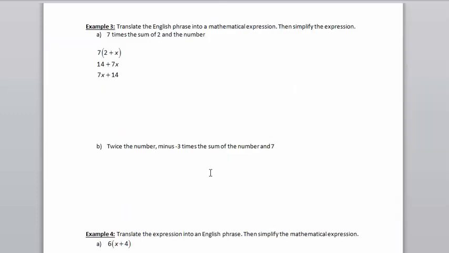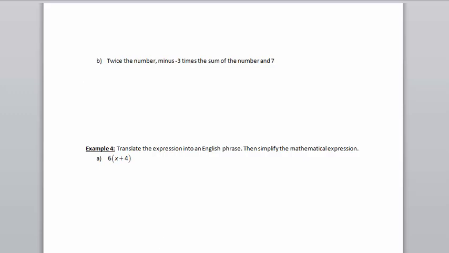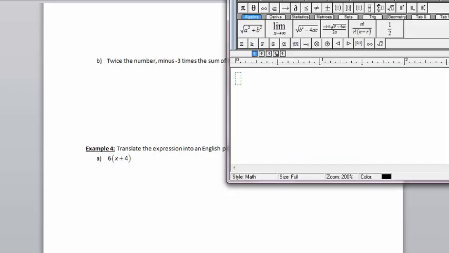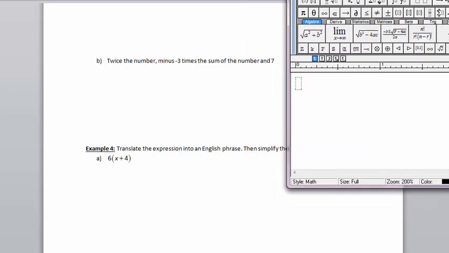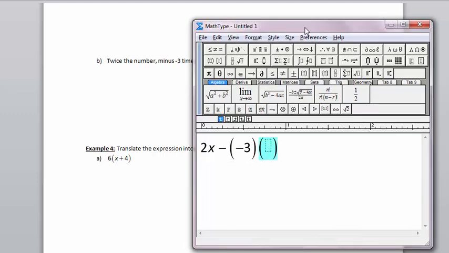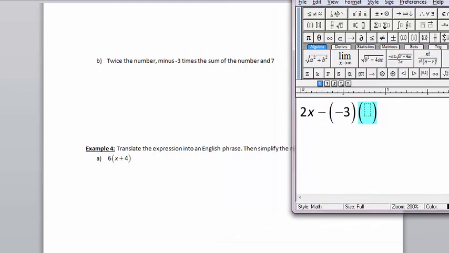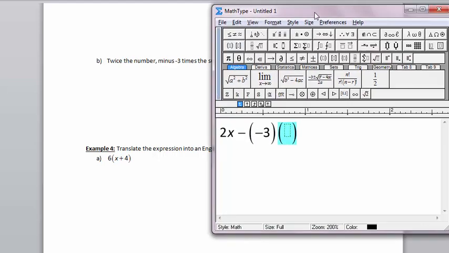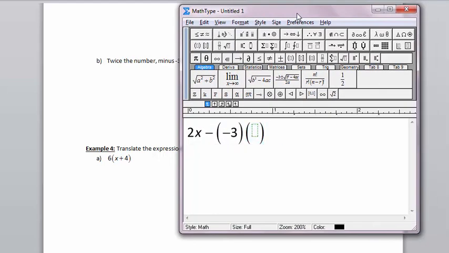For the next one, twice the number minus negative 3 times the sum of the number and 7. So twice the number, starting off with 2x, minus negative 3 times the sum. So again, I want to take negative 3 times an entire sum, so I need to have parentheses there to enclose the sum, and it's the sum of a number and 7.